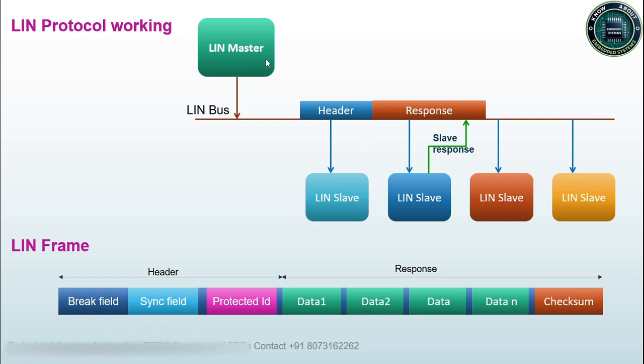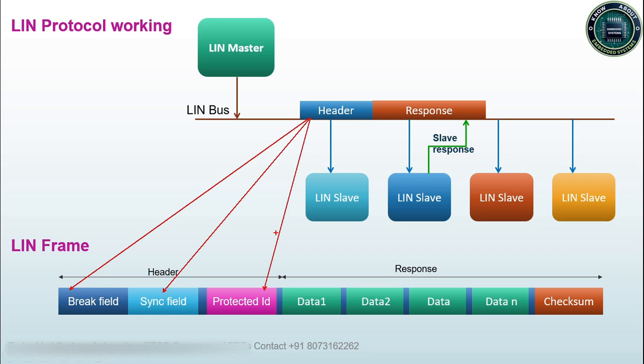So we will have a LIN master. The LIN master will transmit a header. The header will consist of three important fields. The LIN master will transmit three important parameters: break field, sync field, protected ID.